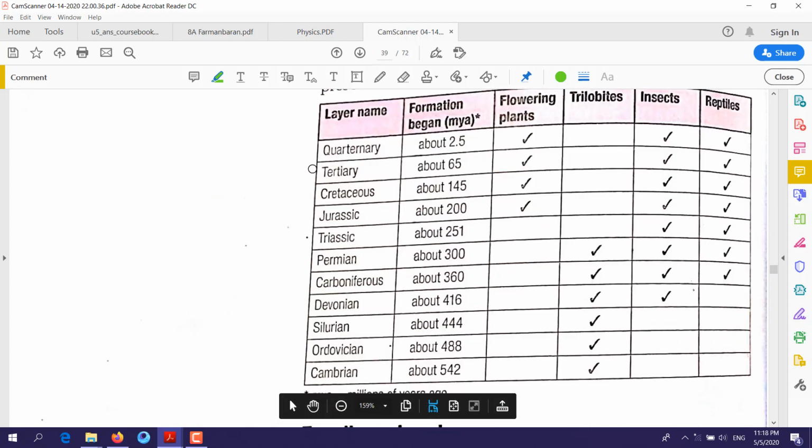Layer name, as you can see here, we have these layers, the age of it. For example, the first one is about 2.5 million years ago. Flowering plants were living during this period of time. And there were insects and reptiles, and the same thing goes for the others.